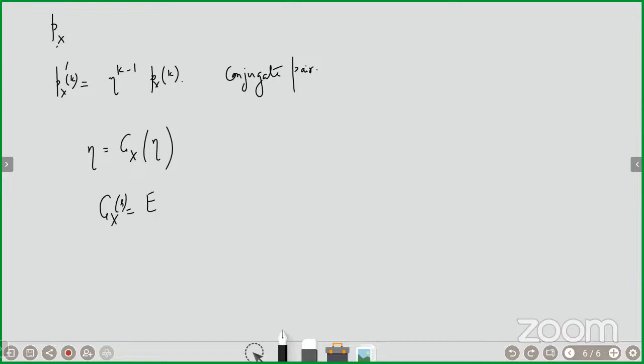g_X of s is, to the power x, for X Poisson with lambda. What is g of s?